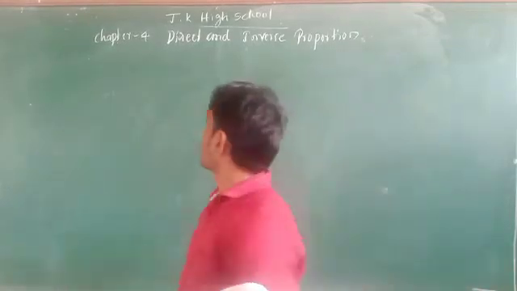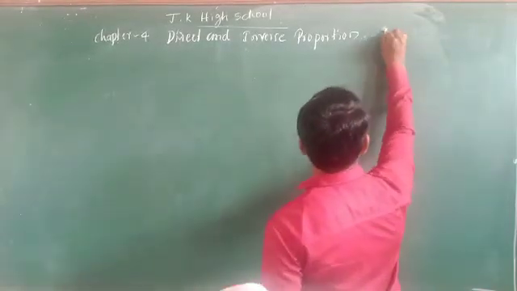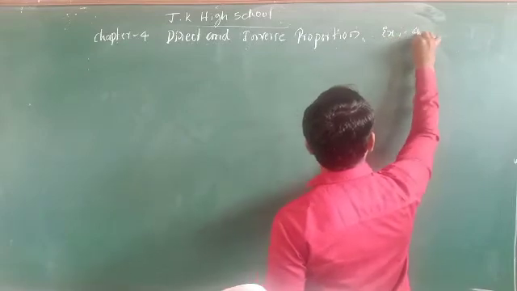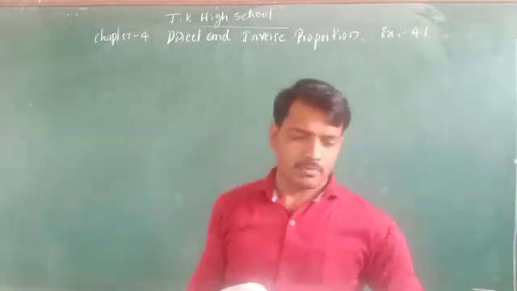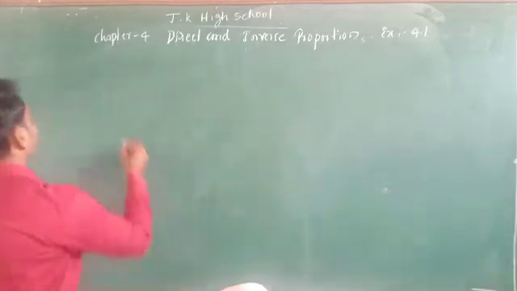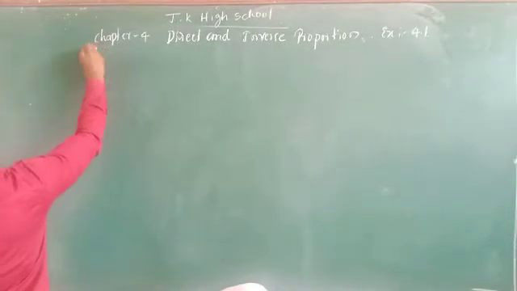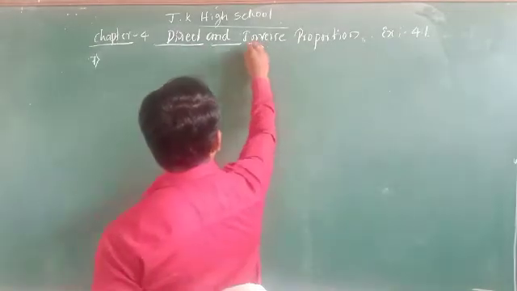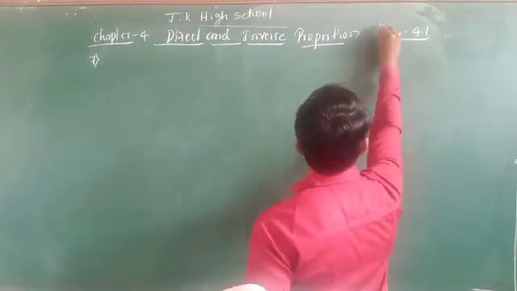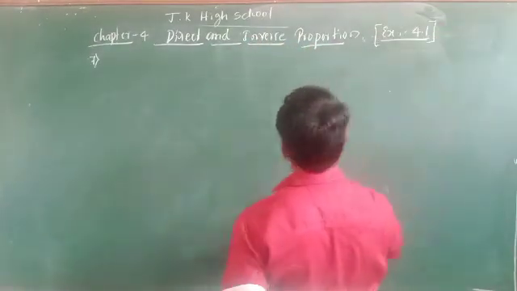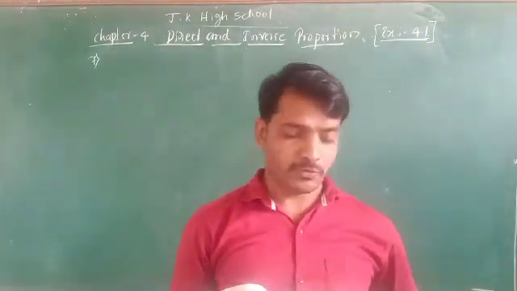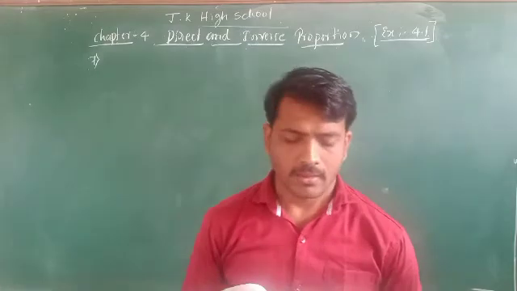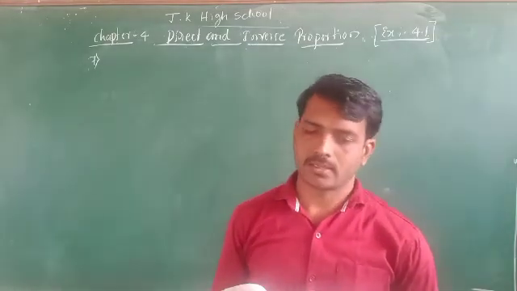Question number 7 is from exercise 4.1. Suppose 2 kg of sugar contains 9 into 10 to the power 6 crystals.